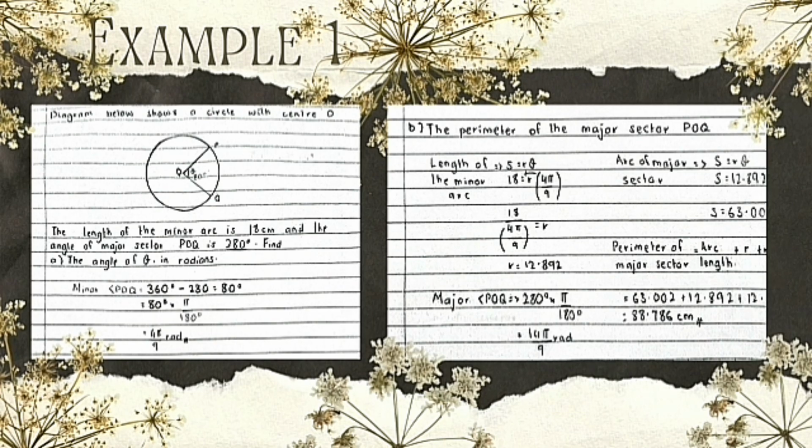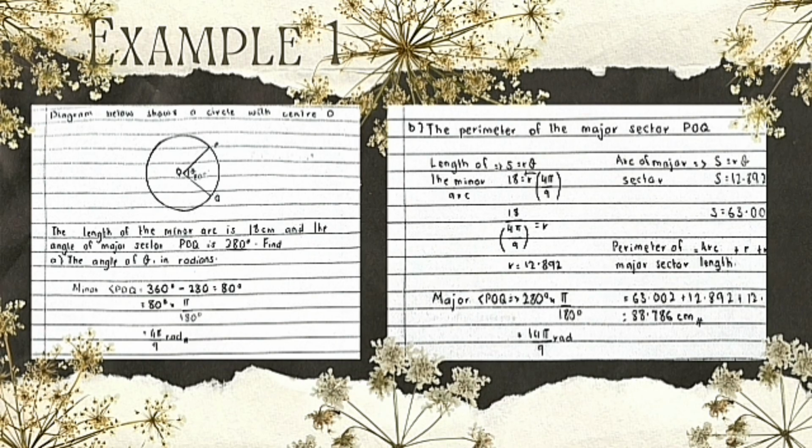The second thing that it wants us to find is the perimeter of the major sector POQ. The formula that we can use to find the perimeter of major sector POQ is arc length plus radius. But we still didn't have the values of arc length and radius. The first thing we should do is find the radius.